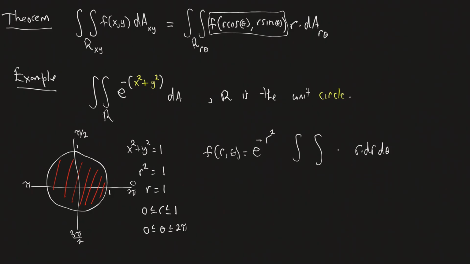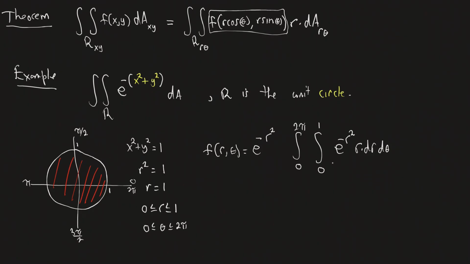And then here's our function, it's e to the negative r squared. Since I'm choosing to integrate with respect to r first, the inner integral will have 0 to 1, and then the outer integral will be 0 to 2 pi, for my theta. And that's the setup. And you notice we actually don't have a function of theta here at all. So let's go ahead and evaluate.